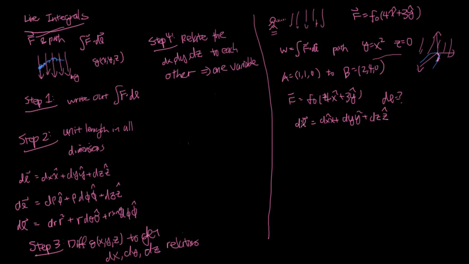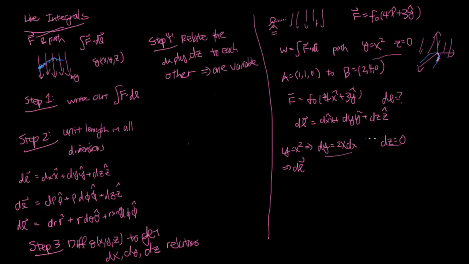Let's differentiate our path. In our path, we have y equals x squared, which means that if we take the derivative, dy is going to be equal to 2x dx, and then dz is going to be equal to 0 because z is equal to 0.